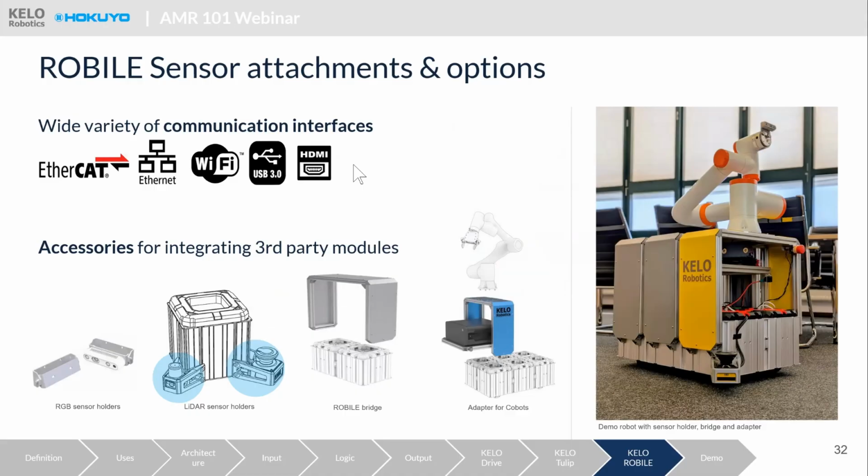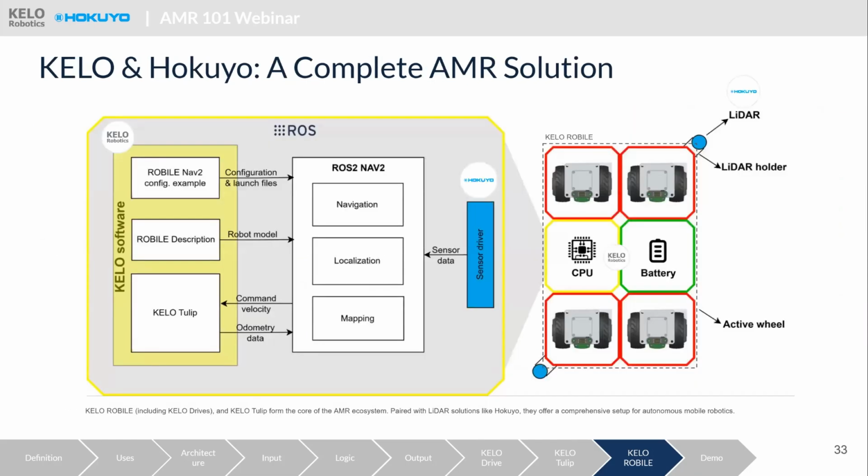As I said, you can attach different accessories, like standard aluminum profile, different structures on top. Also, electrically, you have EtherCAT, Ethernet, Wi-Fi, USB 3, HDMI. Basically, you can expand it and attach different sensor types, RGBD cameras, or whatever you want, depending on your application. So basically, you can expand it to a bigger system.